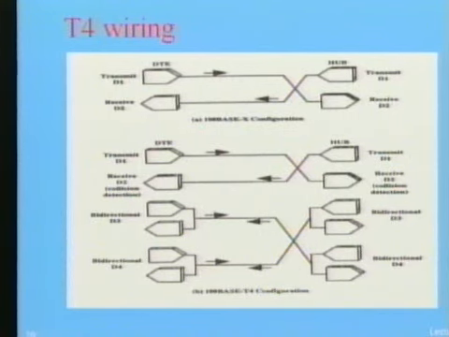If I have 3 lines and I have 100 megabit per second, each of these lines should carry how much? 33 and 1/3. Now, if I come to each of these wires, these are Cat3. These are not Cat5. What was the bandwidth of Cat3? Like 16.